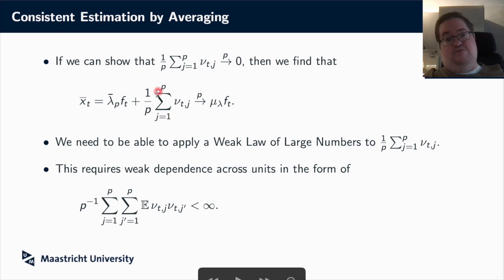And the second term converges to 0. Well, this is just showing that an average converges to 0, which means you should do that by applying a law of large numbers to this sample average.